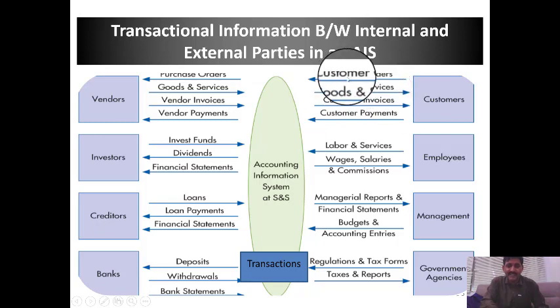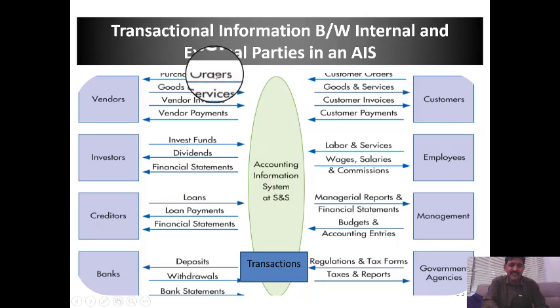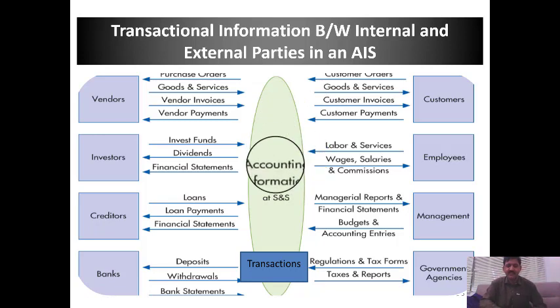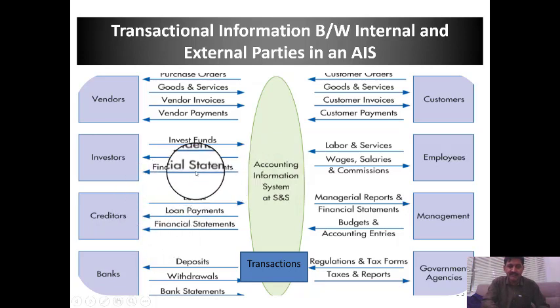In these cases, some of them are posting transactions and some of them are non-posting transactions, like in this case the purchase order. By posting and non-posting transactions in the accounting information system, we mean that some of the transactions do not affect the financial statement of the business.